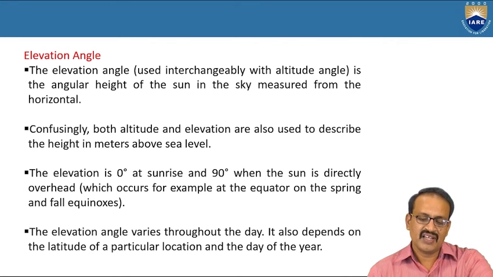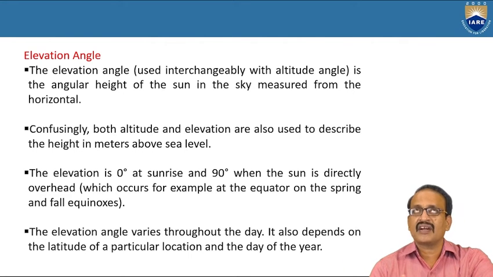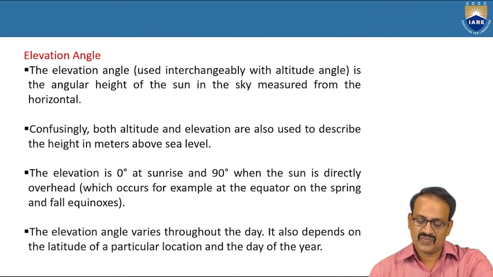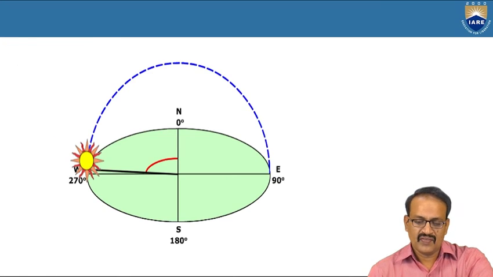The elevation angle varies throughout the day. From 0, slowly it will go to 10 degrees, 20, 25, 30, 45 degrees, and 90 degrees at the middle of the day. And slowly it will move to 180. So it is totally varying.